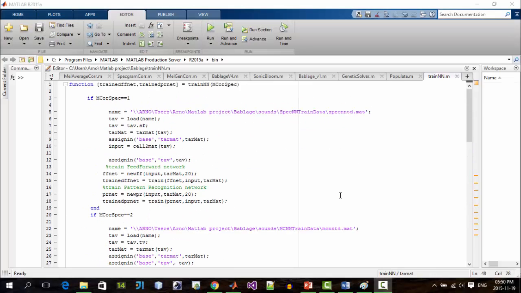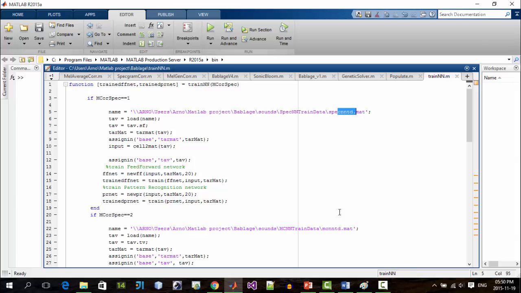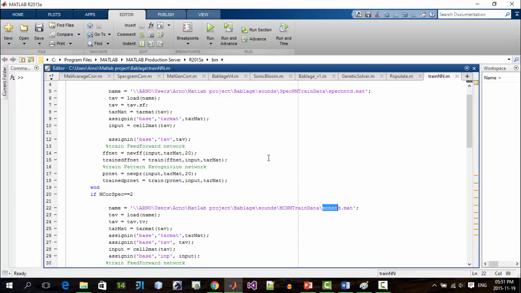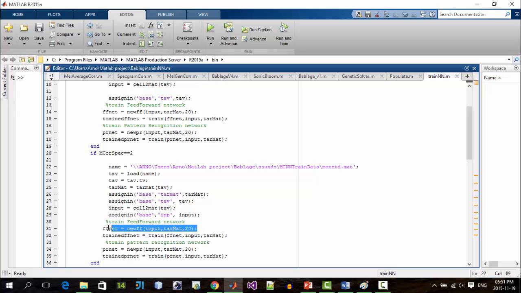Okay, so here we have a function that trains the neural networks for classification purposes. As input, we receive either the spectrum training data or the frequency training data. The next step is to create a network, in this case using 20 hidden nodes.